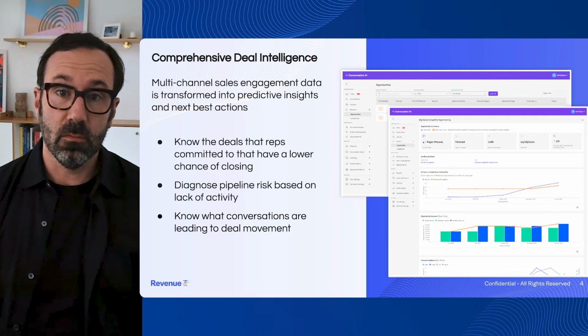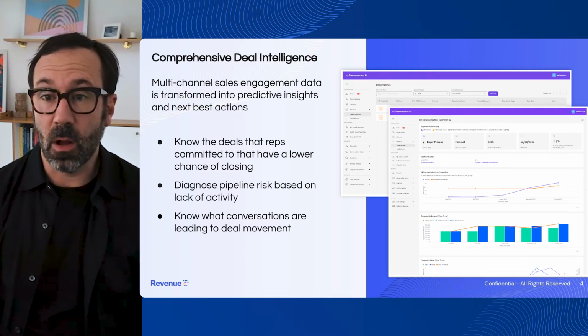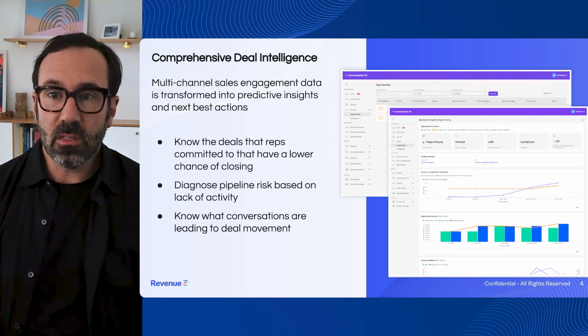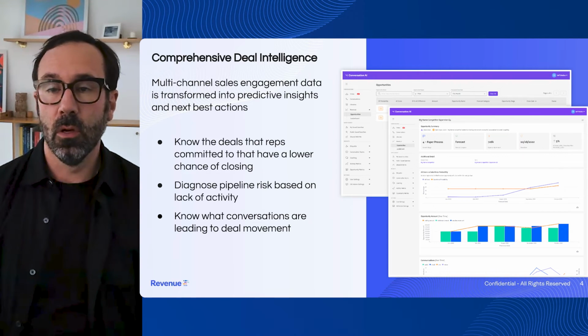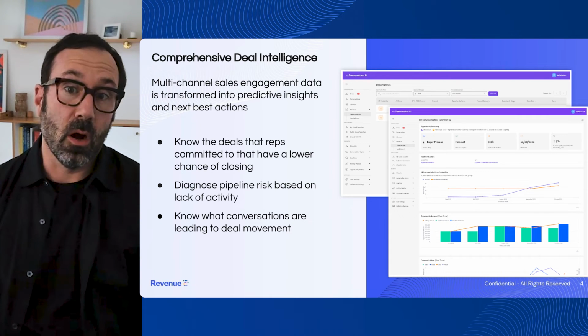So this provides insight into risk. This provides the shape and the trend of your opportunities and all of the information that we've gathered through its history to be able to quantify where it is. And really, it's about digging into what conversations are leading to movement and progression within your opportunity.